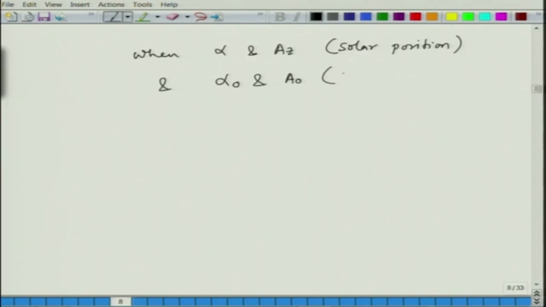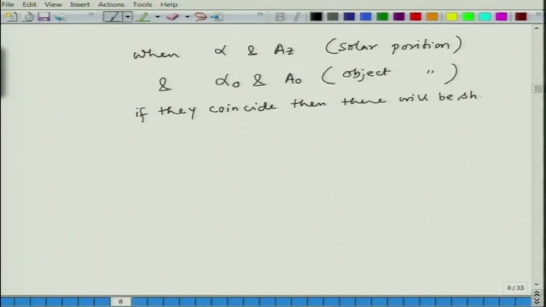So, what we can take home from this discussion is that when this alpha and Az, these are for solar position, and alpha O and AO, which is the object position, if they coincide, then there will be shading, otherwise not.